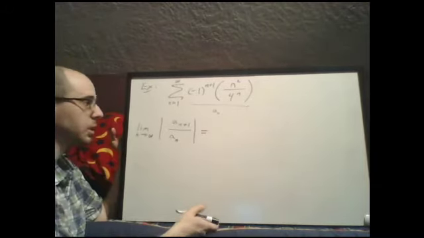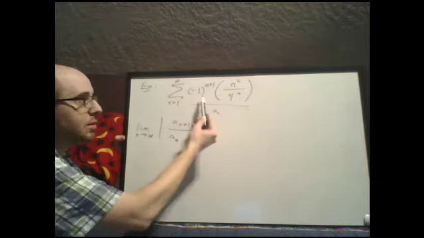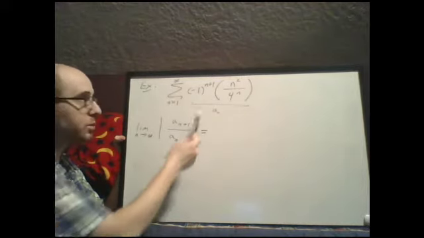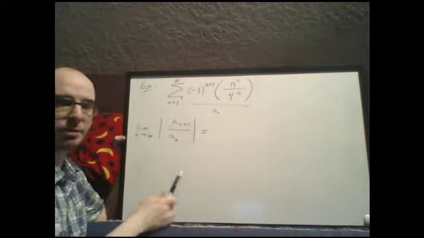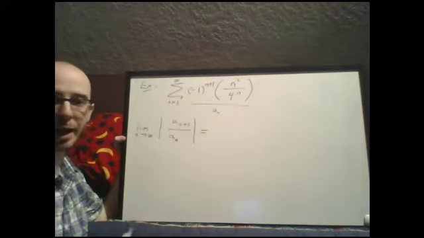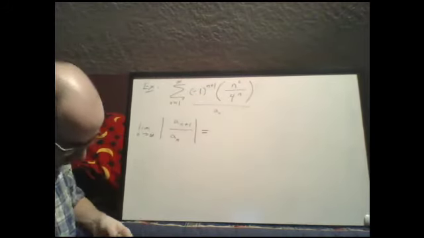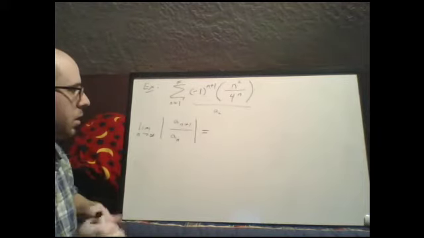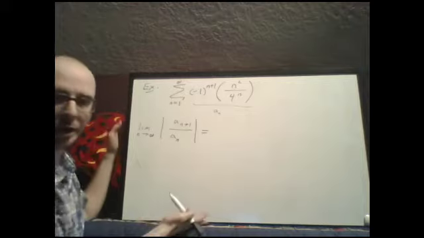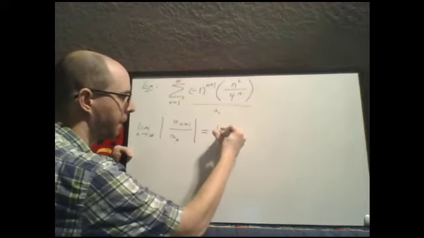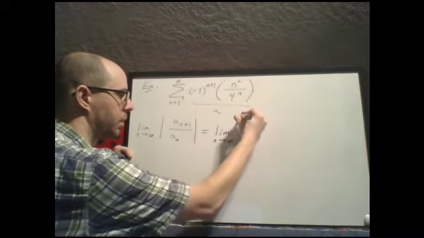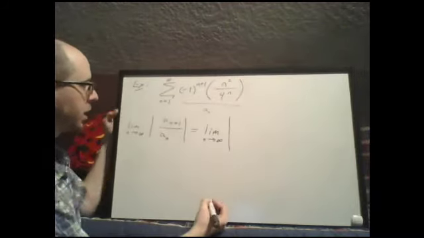Now, first thing is, an in this case involves a -1 to a power. Taking the absolute value is just going to make it all positive, so I can basically ignore the -1 to the power. So I'm not going to bother writing the negative 1 to the power. I'll keep the absolute values for now.